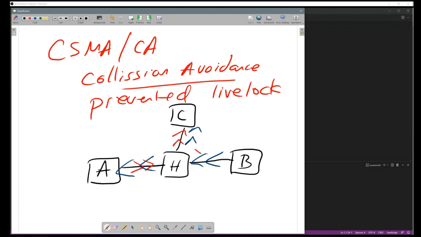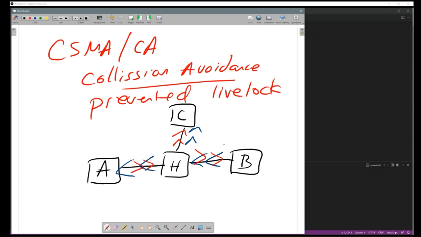And CSMA with collision detection says that if you receive any data from somewhere else, immediately stop sending. So they'll both start sending, see that someone else is sending, stop sending because of collision detection, and then start sending again when there's no more connection.